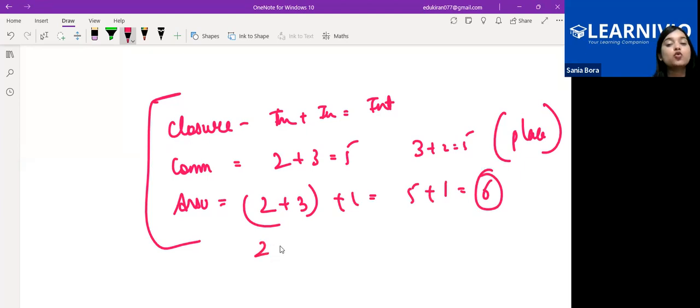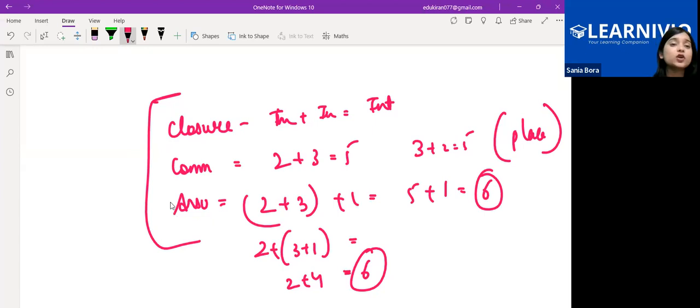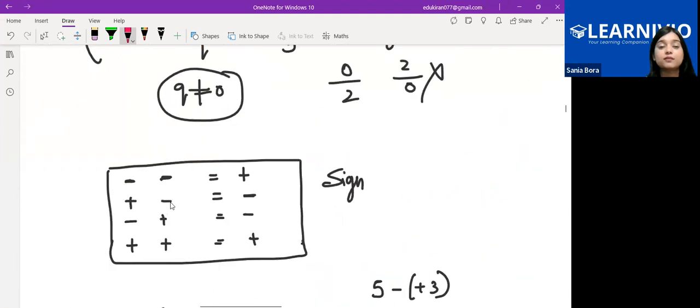And over here, 2 plus 3 plus 1 equals 4 plus 2. You also got 6. So associative property says that no matter what the group is, your answer should be the same. Right? So I don't want you to forget these properties. Very, very important. Right? Yes, ma'am.